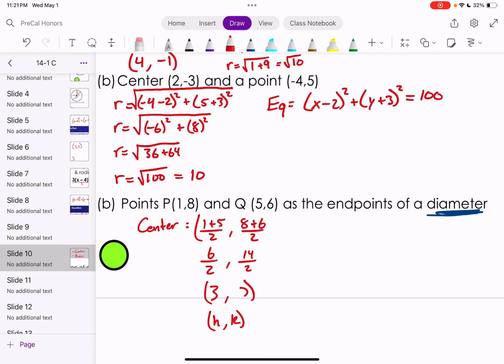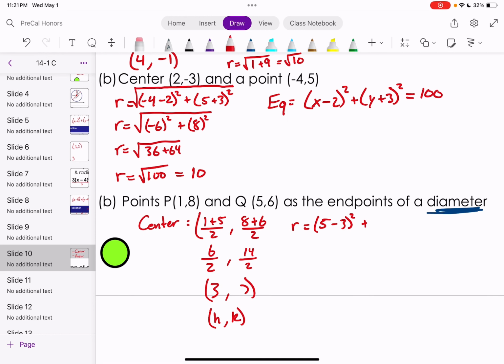We're going to go ahead and find the radius. So the radius is equal to 5 minus 3 squared plus 6 minus 7, and that would also be squared. We will be looking for the square root of that entire side.